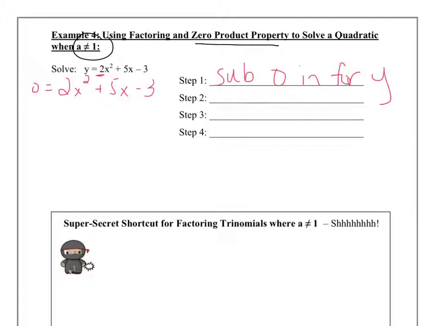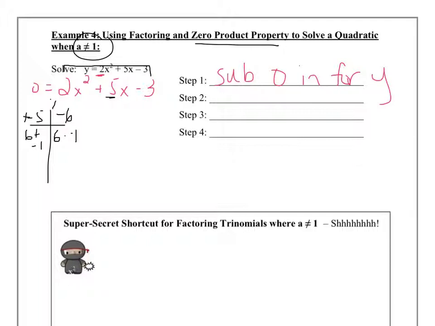Remember when the coefficient is 2, we multiply the first term times the last. 2 times negative 3 is negative 6. So we want two numbers that multiply to negative 6 and add up to the middle term, which is 5. If I want positive 5, I can do 6 times negative 1, and 6 plus negative 1.